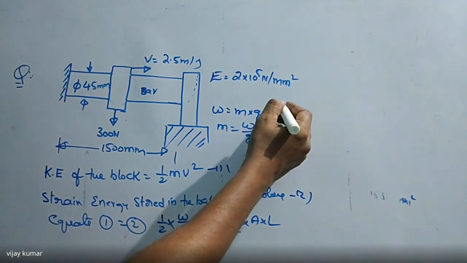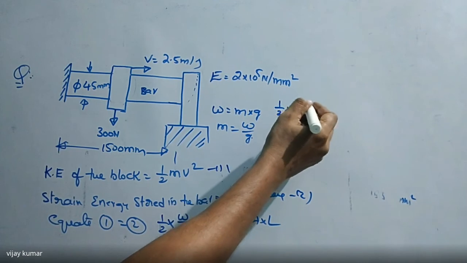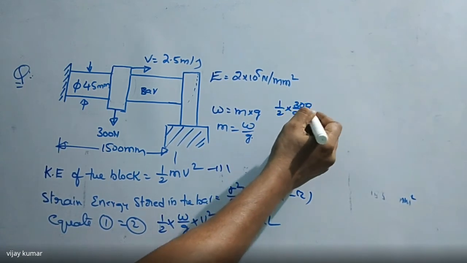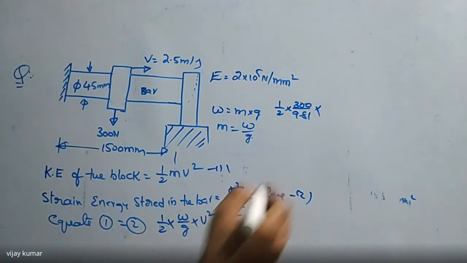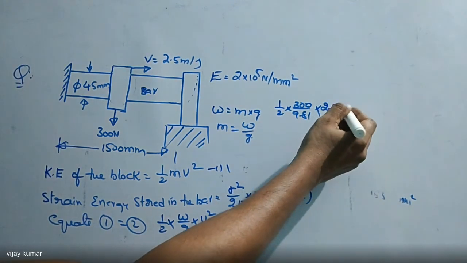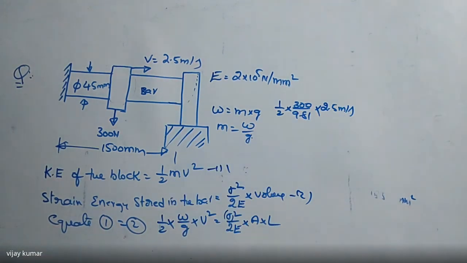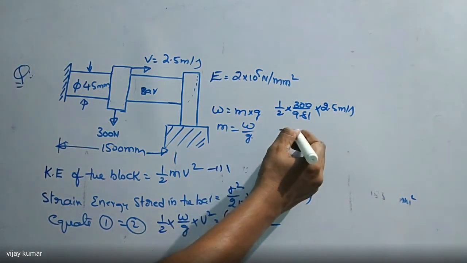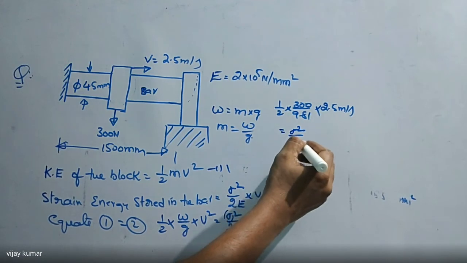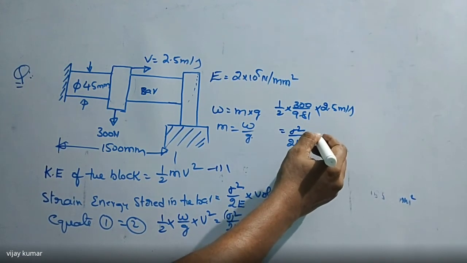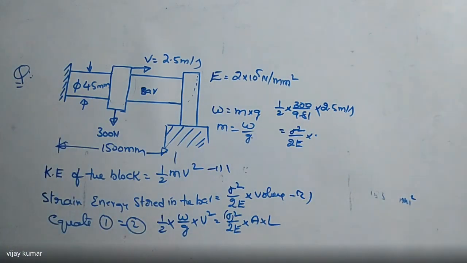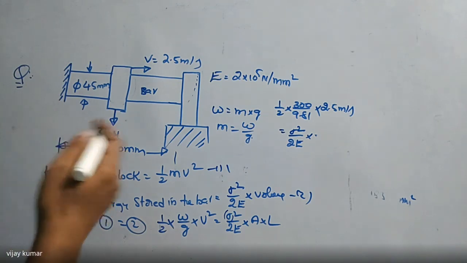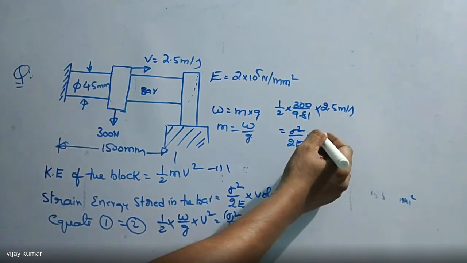Then I'm writing here half into 300 divided by g, which is 9.81, into v square, that is 2.5 meters per second. So take care about those values here. This is equal to sigma square divided by 2E into area, which in case of mm square we are getting, into length in terms of meters. So we can write here area and length.